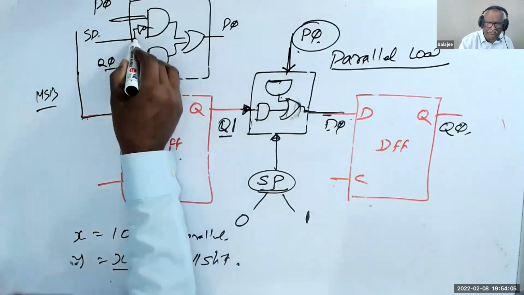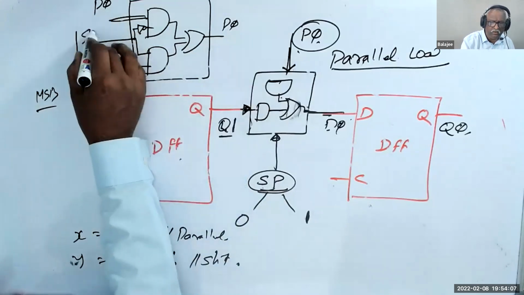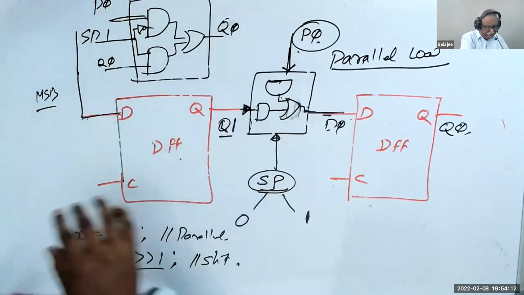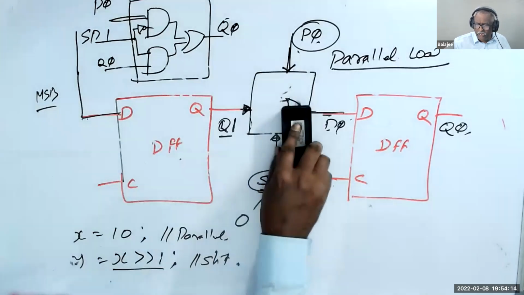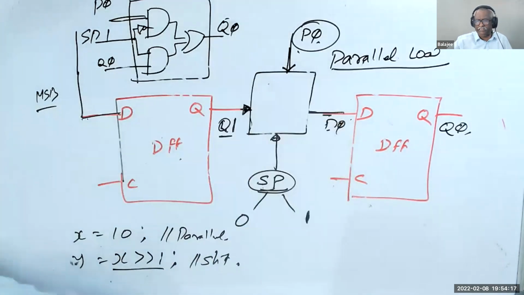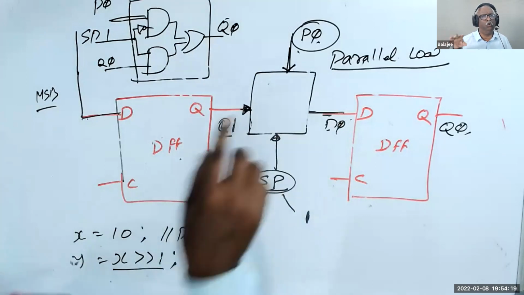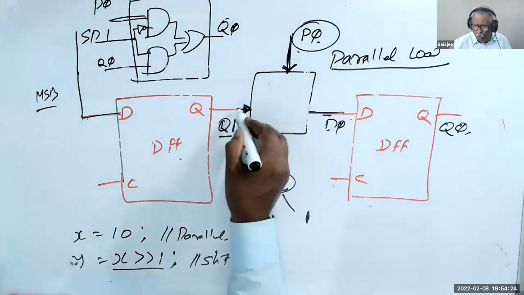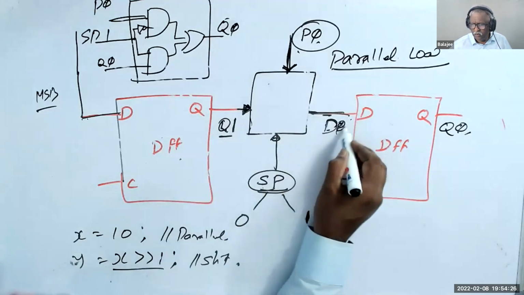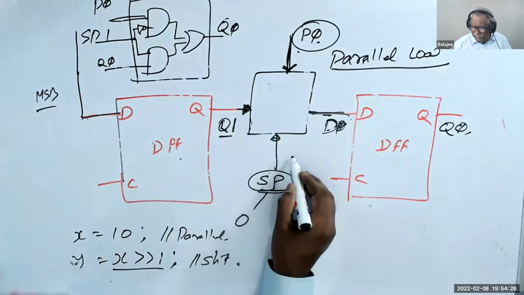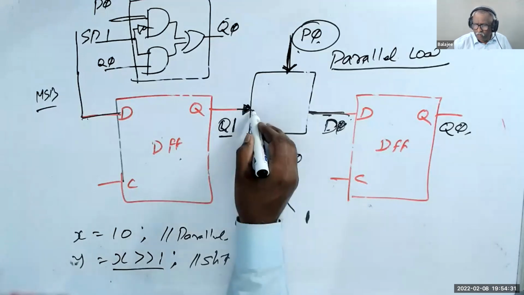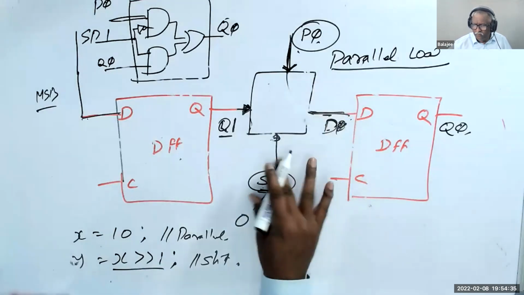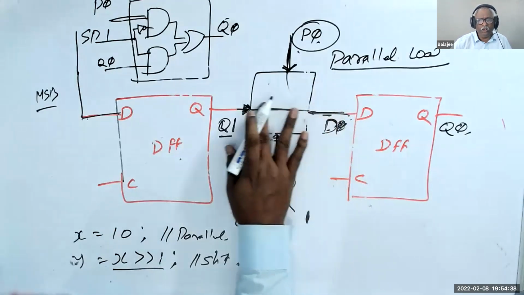When I connect this, when SP is 1, then it becomes Q0. So now you can erase this logic. When you know that you can design a logic, don't get into the block too much. This block has 3 inputs, P0, Q1, and D0, and this is SP. When SP is 0, P0 goes. When SP is 1, Q1 goes. You need to design this logic.